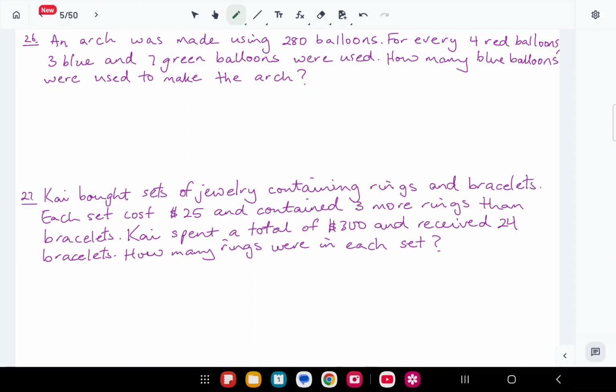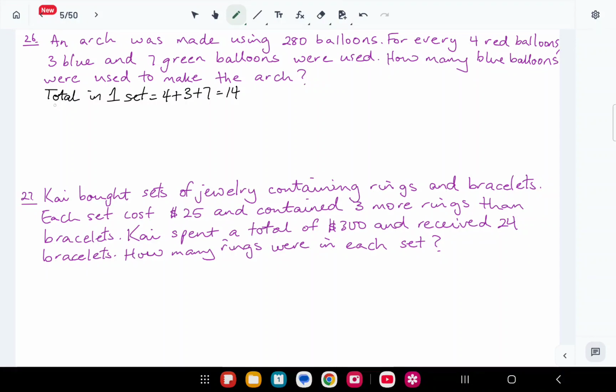So we want to calculate now how many balloons in total are used for one set. So total in one set would be 4 plus 3 plus 7. 7 plus 3 is 10, plus 4 is 14. So it's 14 balloons we used in one set to form this arch.